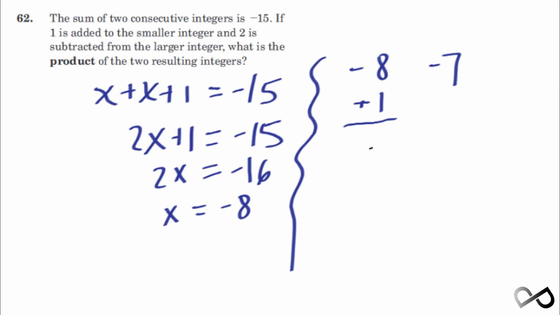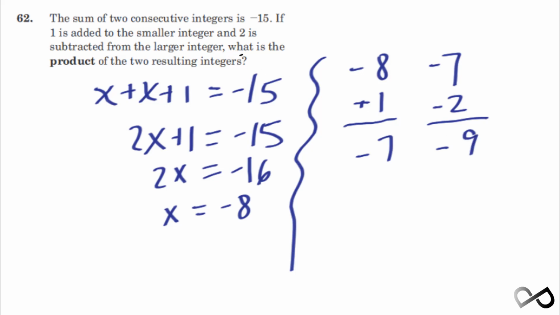That's where most people will get tripped up here. So let's add 1 to -8, and that's going to give us -7. Okay, so if 1 is added to the smaller integer and 2 is subtracted from the larger, we're going to subtract 2 from the larger, and that's going to give us -9.